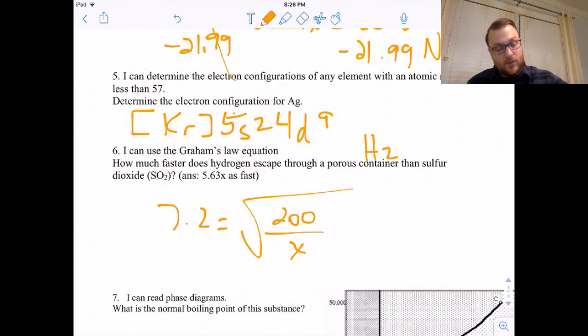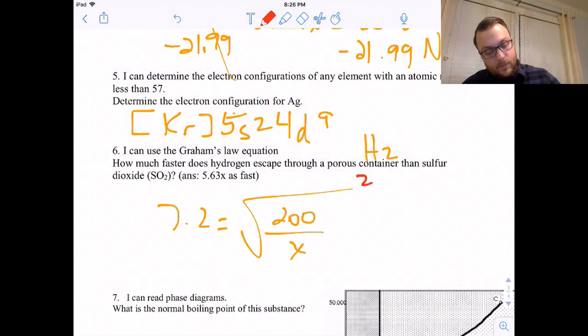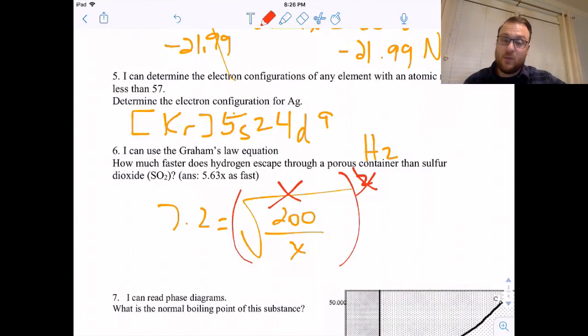If I square this entire expression, the radical goes away, the square goes away. And then you move on with your life and cross multiply and divide. What you do to one side of the equation, you have to do to the other. If you square it over here, you've got to square over here too. Now you can move on with your 7.2 squared equals 200 over x.